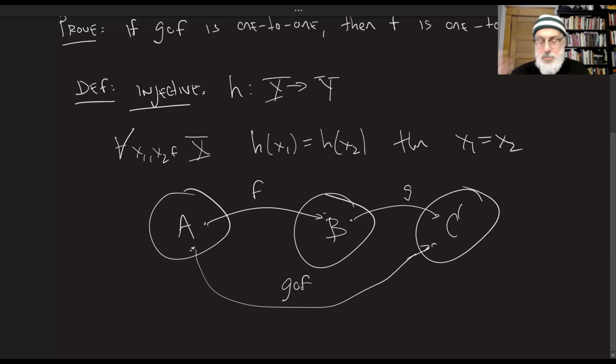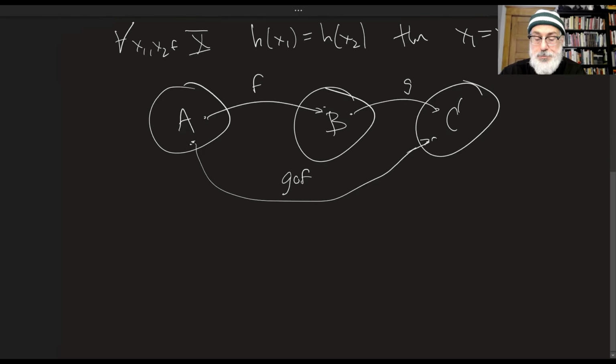Now we're assuming that the composition is 1-to-1, and we're going to show that F is 1-to-1.